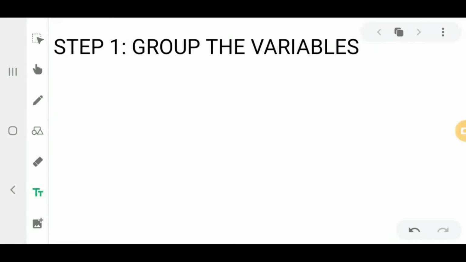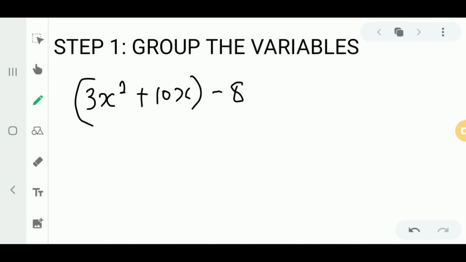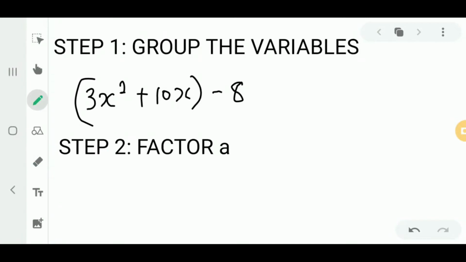So for step 1, we group the variables. So we have 3x squared plus 10x in brackets, so that's grouping the variables, and then we have minus 8 on the outside. Step 2 says factor a. Now we know that a is equal to 3. So that means we're going to have 3 on the outside of the bracket.